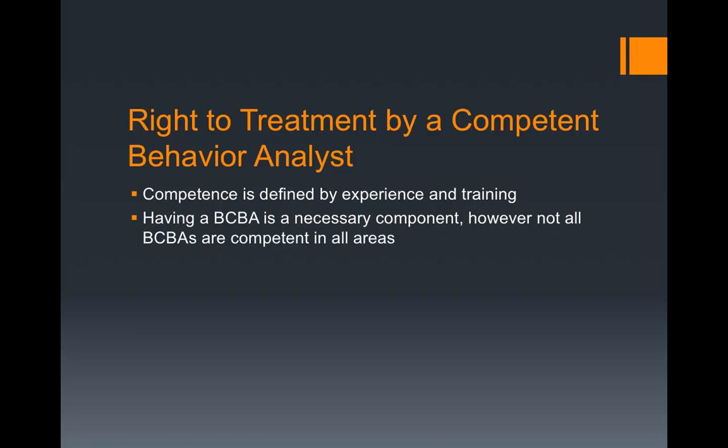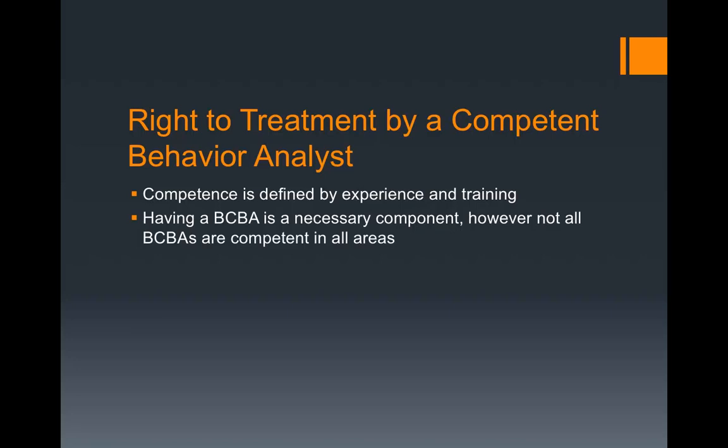But even beyond that, there are going to be certain things that a behavior analyst may not have experience with. And so competence is, just as we defined it in the supervision code, the same way Van Houten is defining it in this article, which is as experience and training. So a BCBA may be well trained and have their BCBA, but maybe they don't know anything about feeding or severe self-injury.